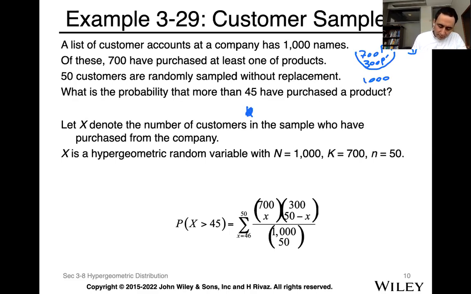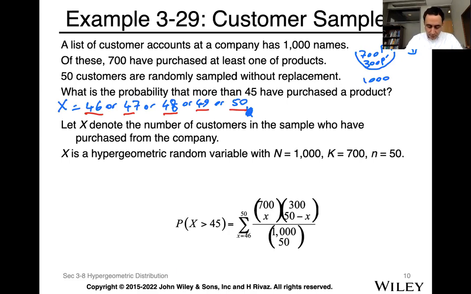So that means that X is equal to 46 or 47 or 48 or 49 or 50, right? So X has 1, 2, 3, 4, 5 different options, right?